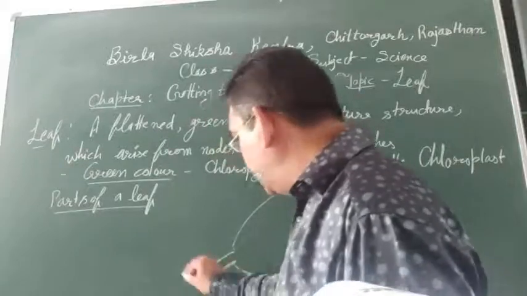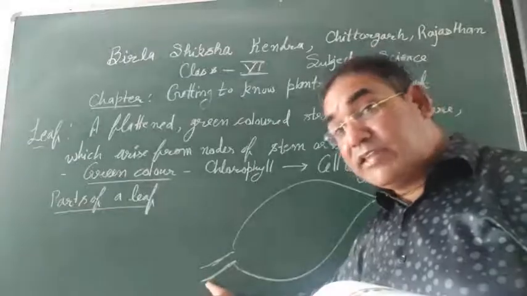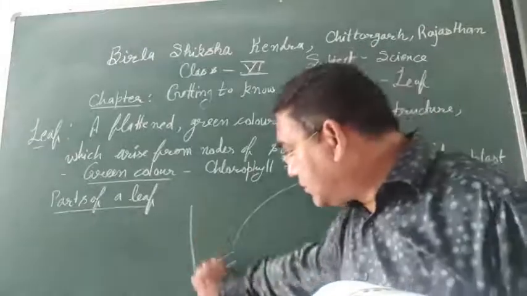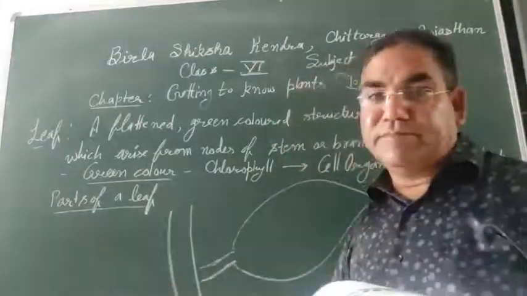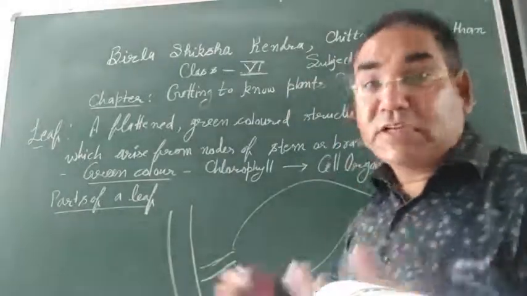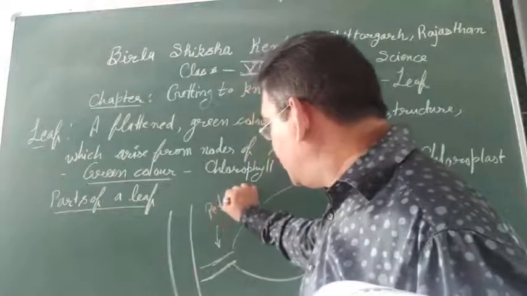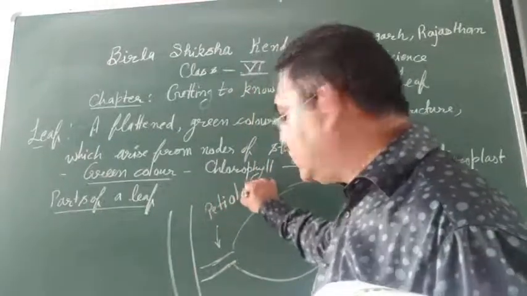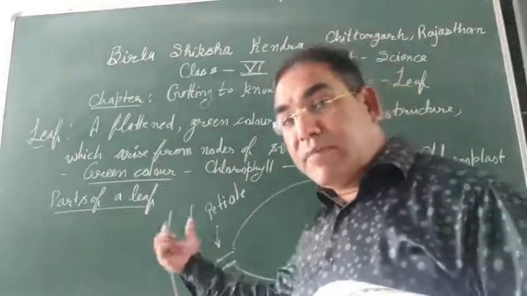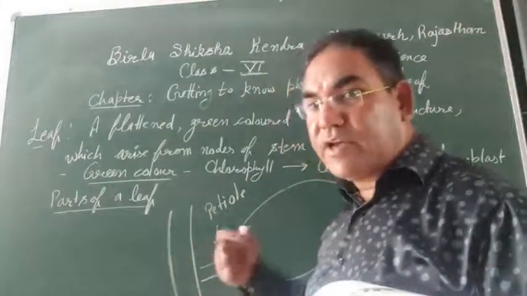This is the base of the leaf, and this base attaches with the stem. The base of the leaf through which it is attached with the stem is known as petiole.